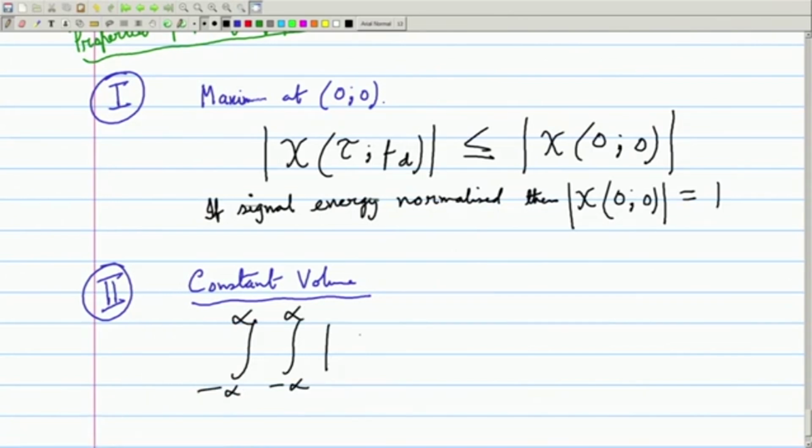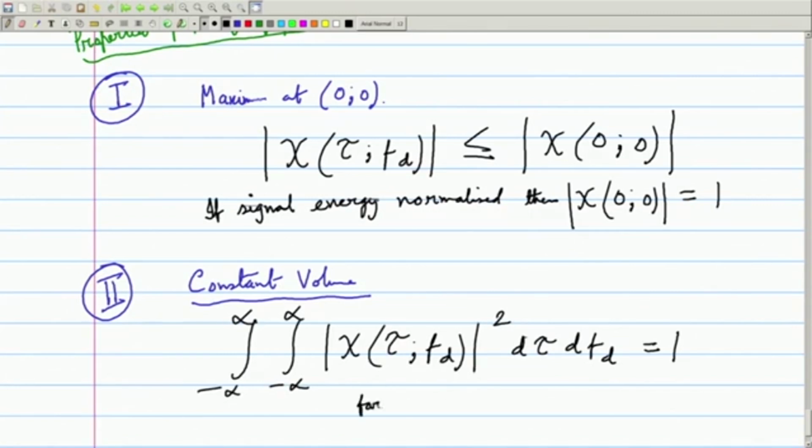If we integrate the ambiguity function squared, the total volume under the, and here this property is for normalized signal energy.